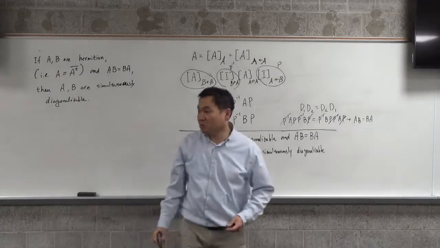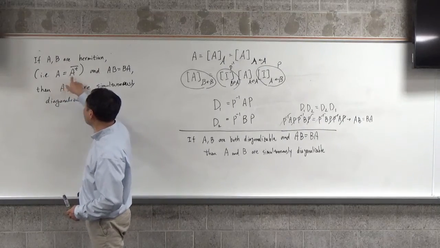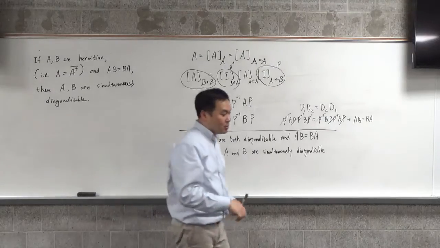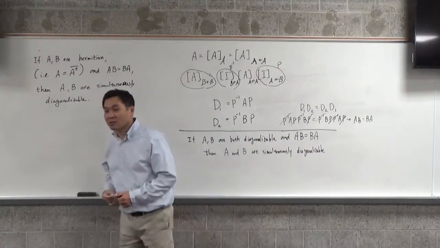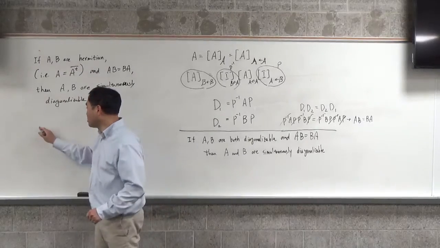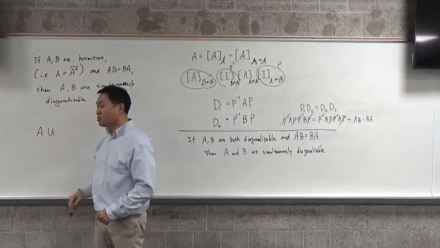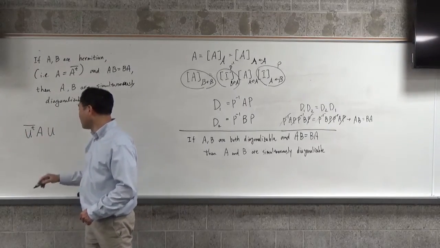And that's because of the spectral theorem. Because of the spectral theorem, we know that anytime a matrix is Hermitian, then you can diagonalize it using unitary matrices. Right? So you know that for A, you can take a matrix U and U transpose bar.